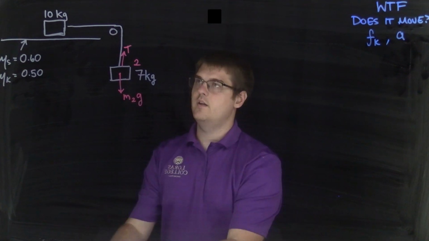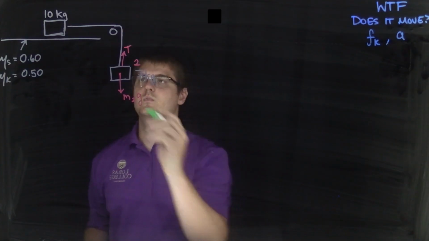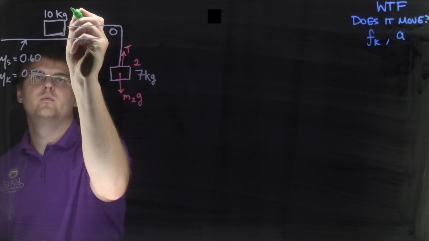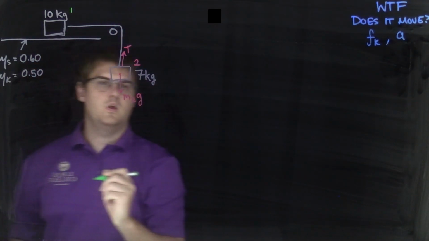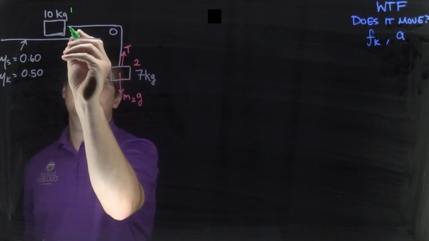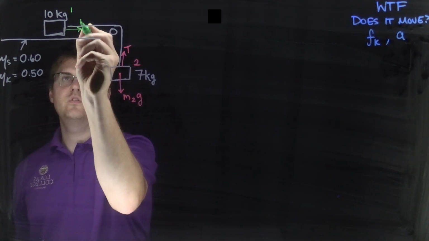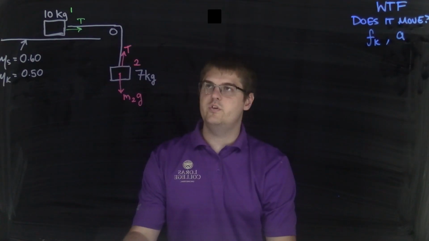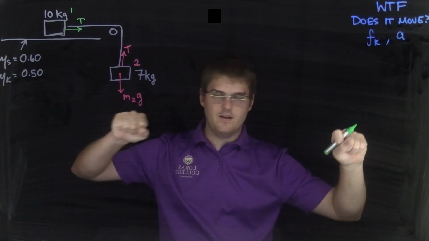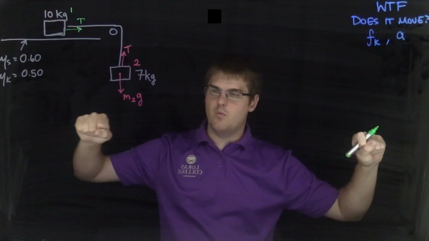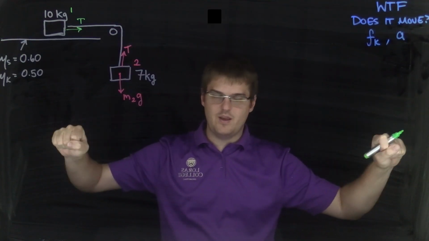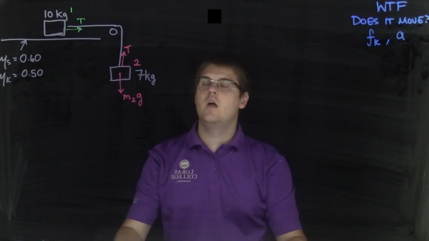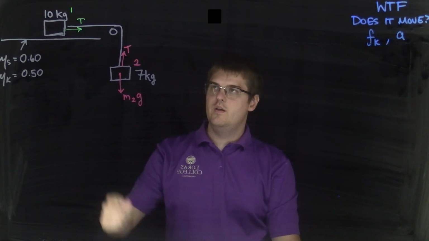Block 1, on the other hand, which is what I'm going to call this block right here, has the tension, and you notice that I'm marking them both as T. It's again that rope idea. If I'm pulling on one end of the rope and on the other end, I have to be pulling the same length or it's going to start stretching and deforming.